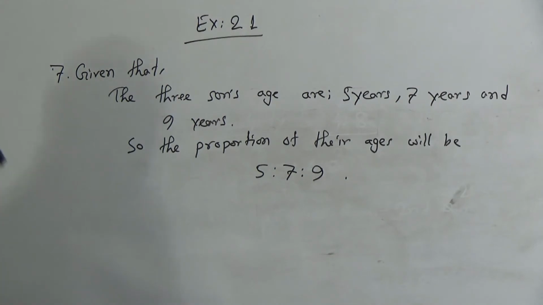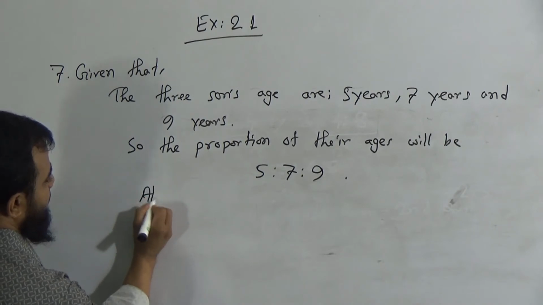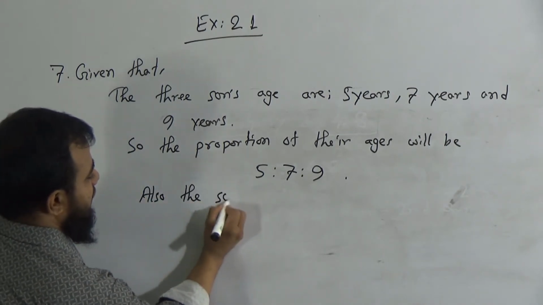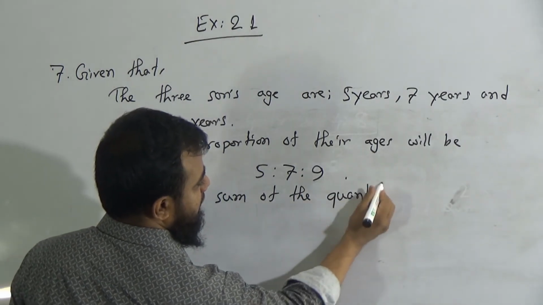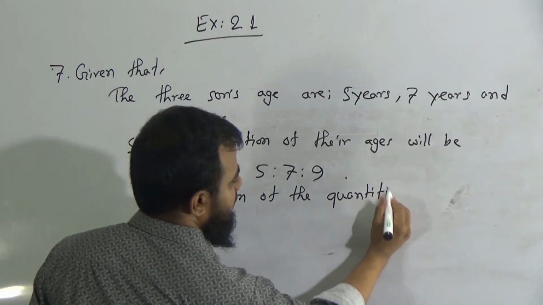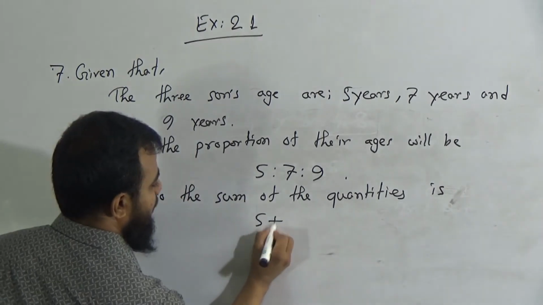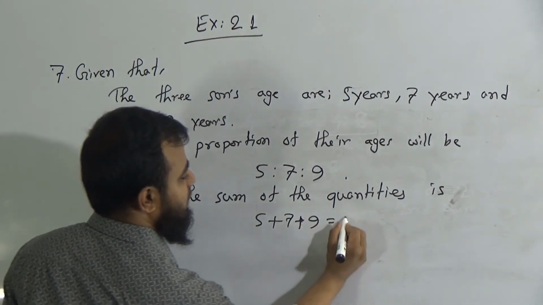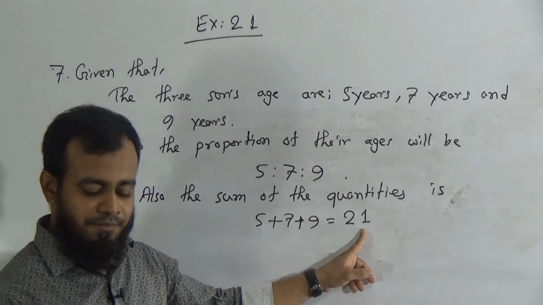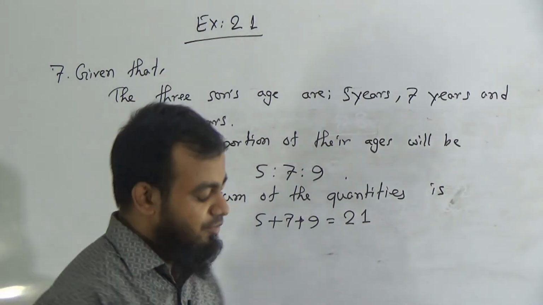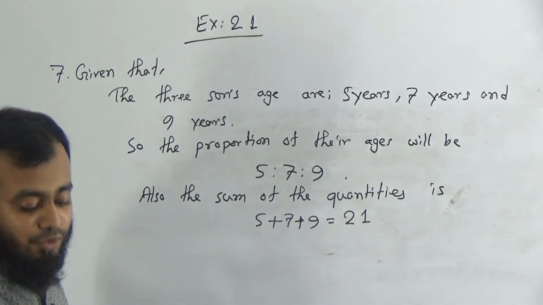Now, what is the total sum of all the quantities? The sum of the quantities is 5 plus 7 plus 9, that's equal to 21. That means the sum of these three quantities is 21. Now we can find out how many taka each son gets. The total amount of money given by their father is 4,200 taka.